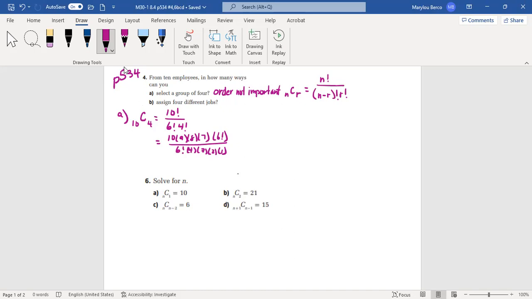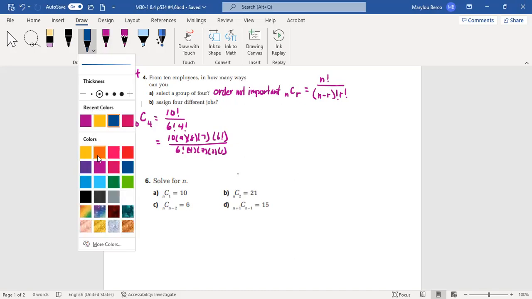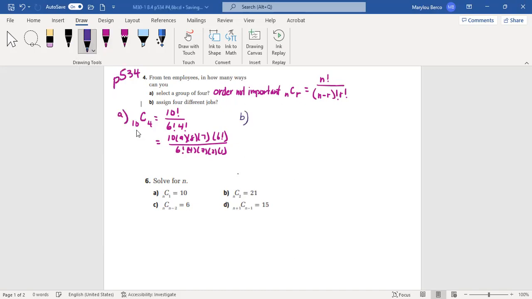Okay, let's take a look at assign 4 different jobs. For 4 different jobs, if we take a look at B, order is important. So we are going to use permutations.